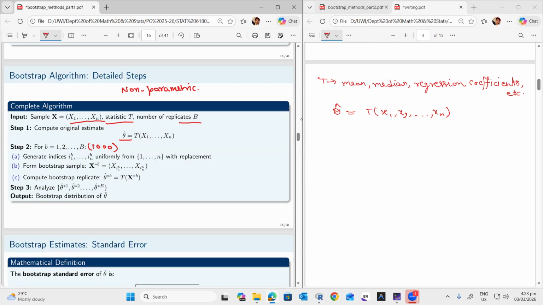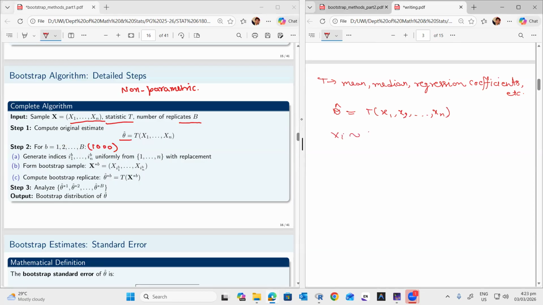If your data follows some distribution, you can randomly generate data from that distribution, and you do not need to fix the index or position, because whatever data is generated comes from the distribution itself. But here, we need to generate the indices I from the discrete uniform distribution from 1 to n, of size n.